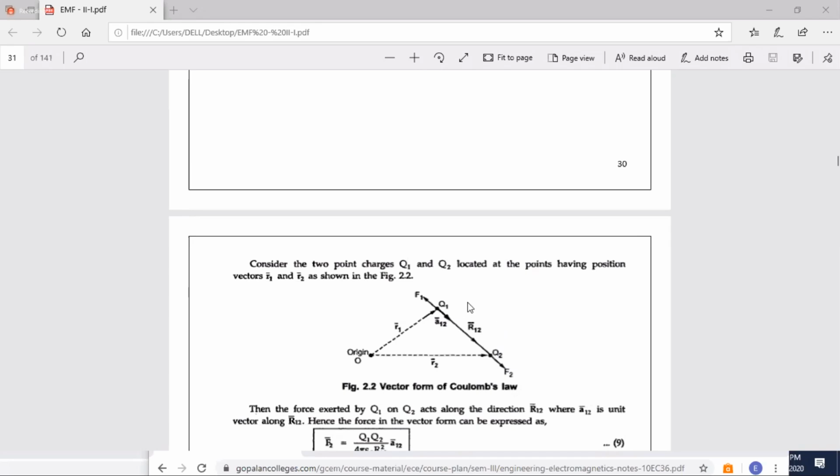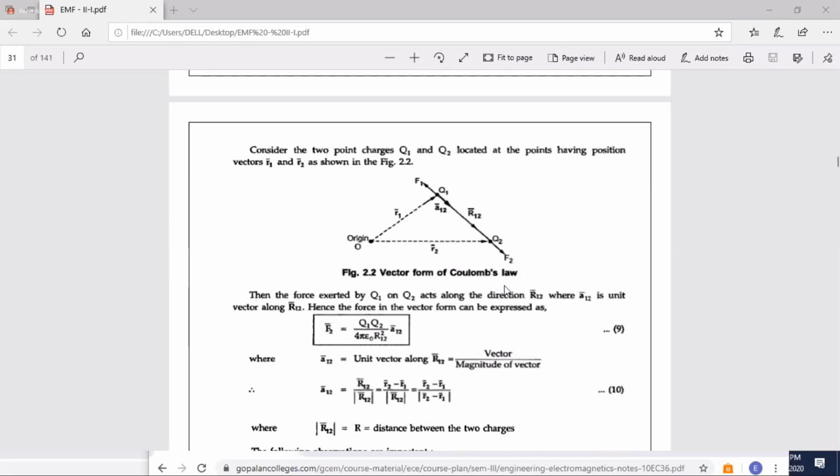So apart from the equation that Coulomb came up with, here is a perfect example.